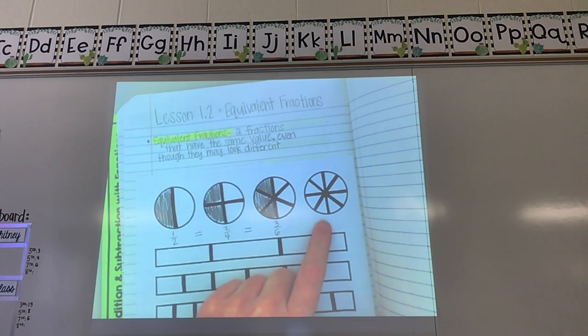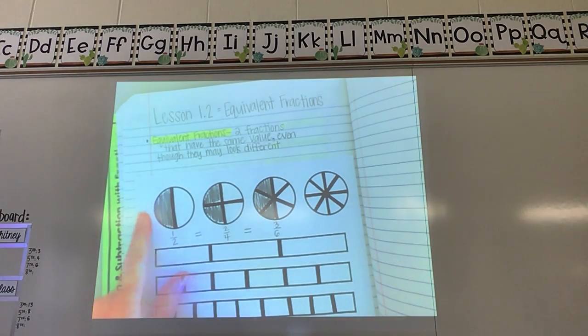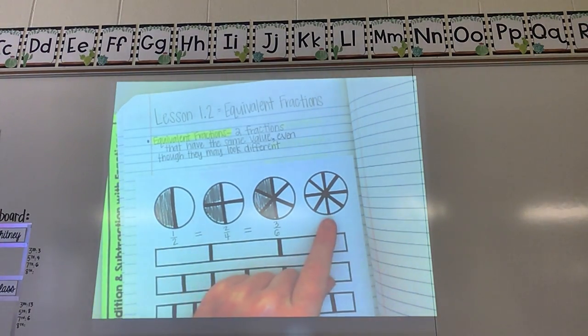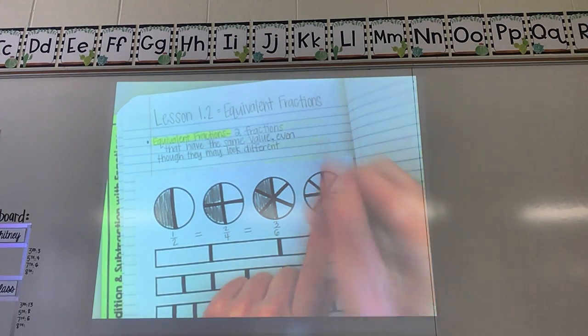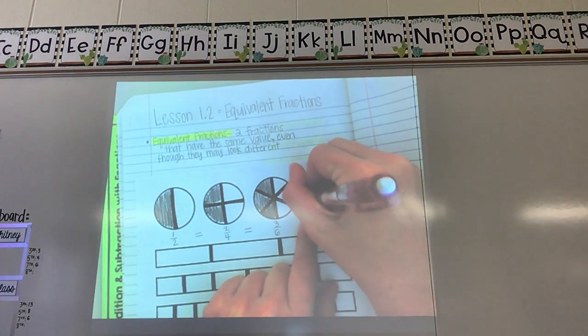On this last one, I want you to think in your mind, if I wanted to make another equivalent fraction so that this one looked the same as these, how many pieces would I need to shade in on this circle? We would need to shade in 4 pieces. So I'm going to go ahead and work on shading 4 pieces here.